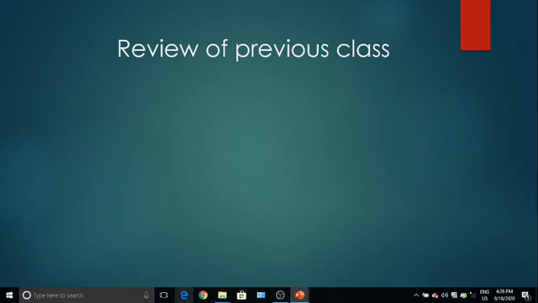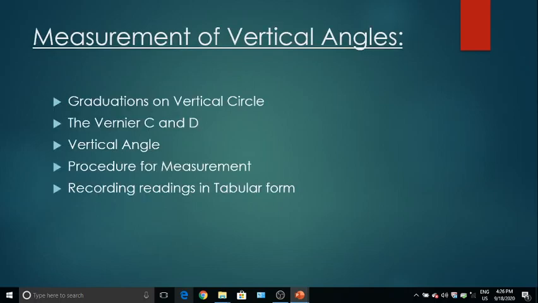Now release the vertical clamp and rotate the telescope in the vertical plane to sight the object, which may be above or below the horizontal level at the trunnion axis level.